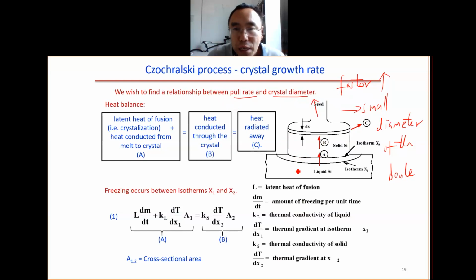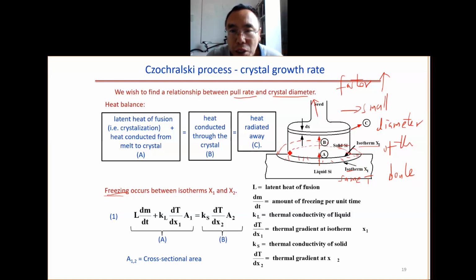So what do we have here? We assume that the freezing occurs between the isotherm X1 and X2. So the freezing occurs in this region. Iso means same temperature. So at this cross section here, this is isotherm 1, temperature 1, and at this cross section here, this is isotherm X2.